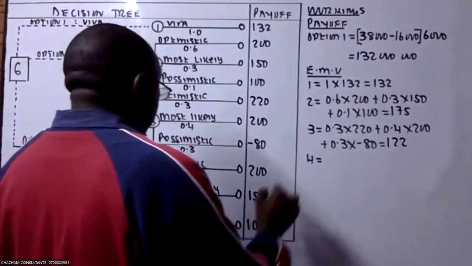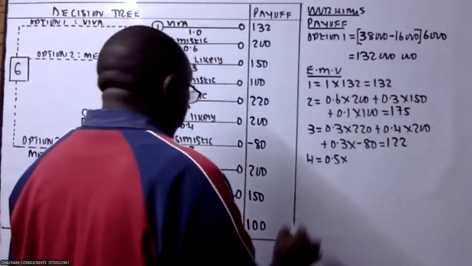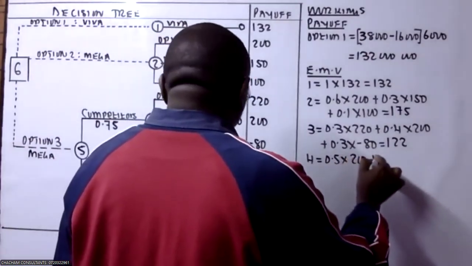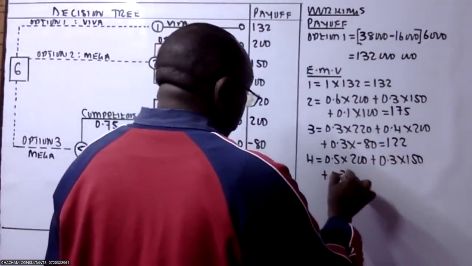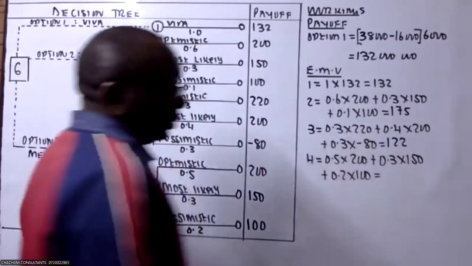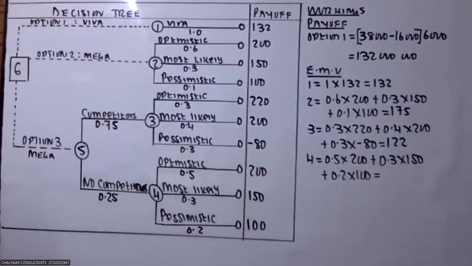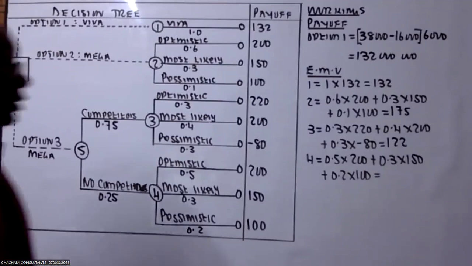Number 4, it is 0.5 times 200 plus 0.3 times 150 plus 0.2 times 100. That is 165.